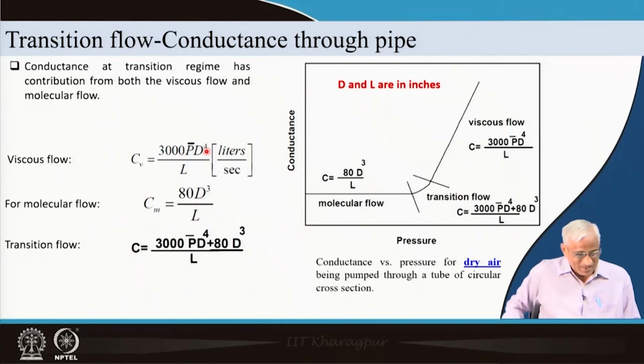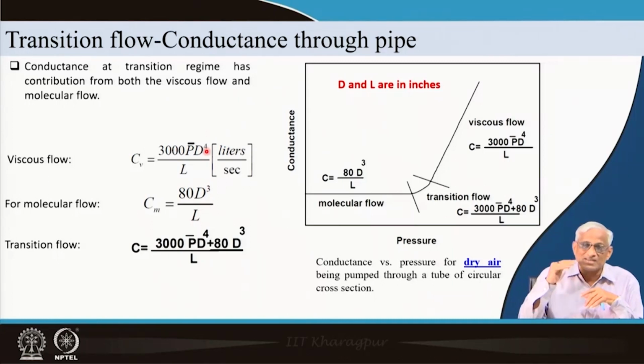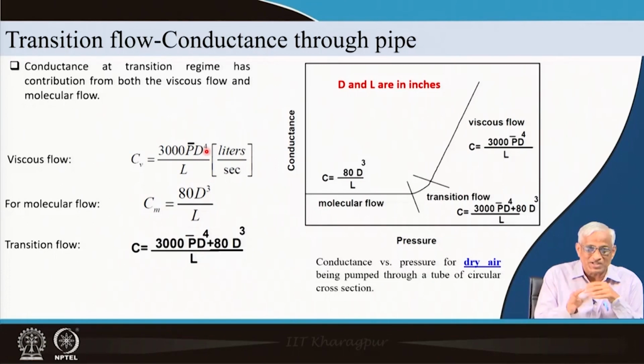For molecular flow, it is 80 d cube by L. One thing is constant: molecular conductance is the third power of diameter and inversely proportional to length. Viscous flow is proportional to the fourth power of diameter. Proportionality constants change with operating temperature, nature of gas, and molecular weight of the gas.